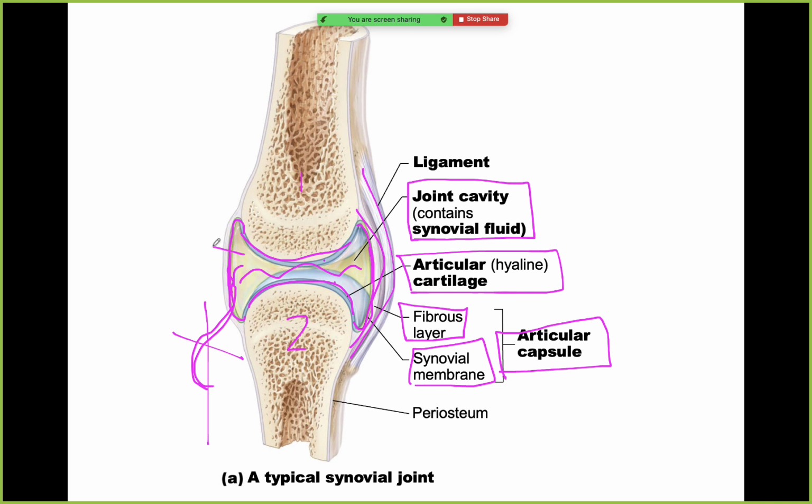And then sometimes you can rip the membrane and fluid can start leaking out into your knee, and that makes your knee look really swollen. Usually it's easy to detect because when you press on it, it's liquidy and feels like a water bed almost, and you can tell that there's fluid buildup inside. That's a good question. Thank you.